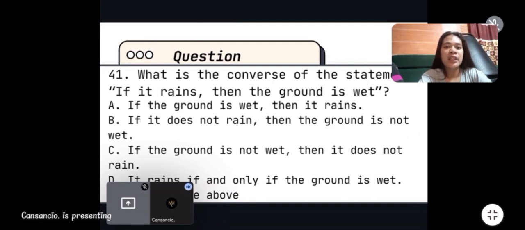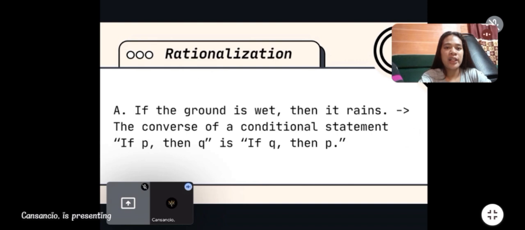D. It rains if and only if the ground is wet. Letter E. None of the above. So, the correct answer is letter A. If the ground is wet, then it rains. Because the converse of a conditional statement, if P, then Q, is if Q, then P.